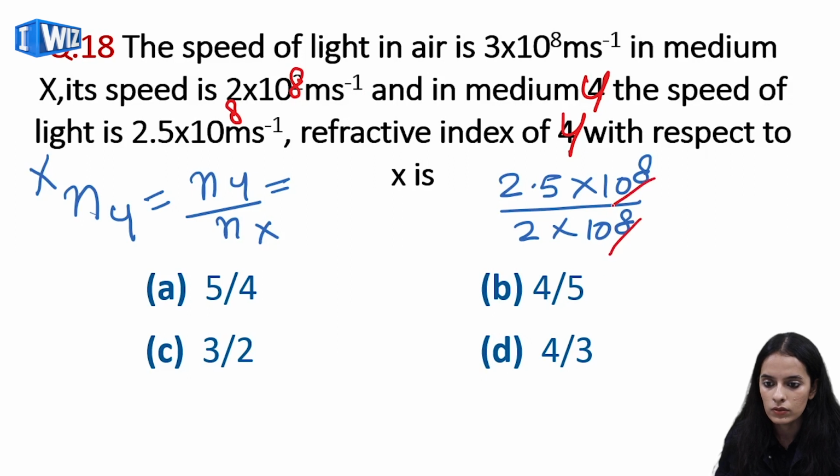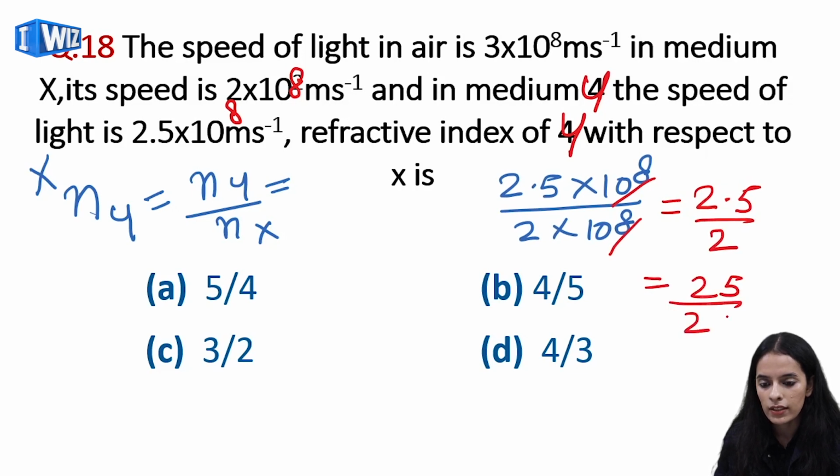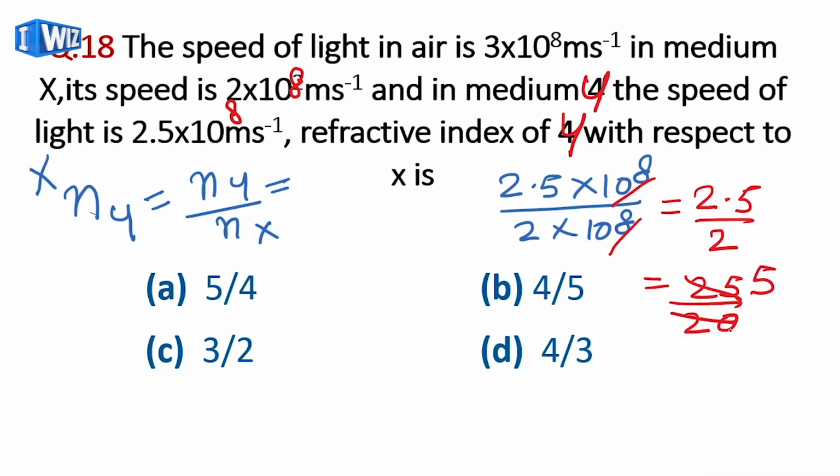So these will cancel. 2.5 divided by 2. So the point will go like this. So cut it with the table of 5. 5 5s are 25, 5 4s are 20. So what's the right option? 5 by 4. Okay, so right is 5 by 4.